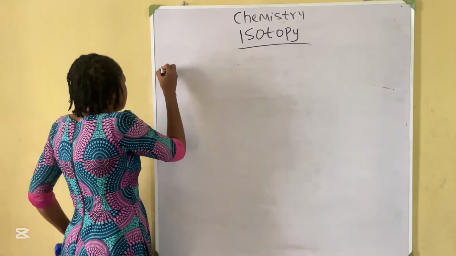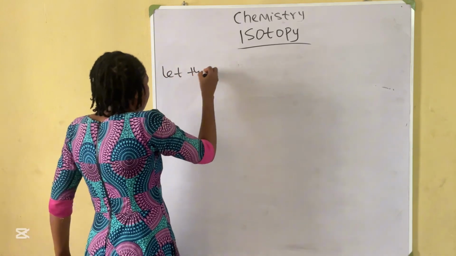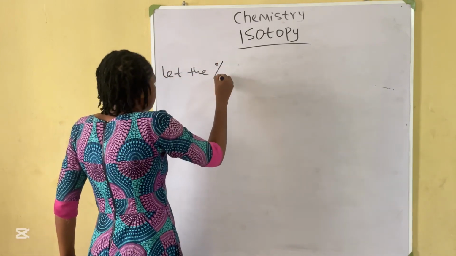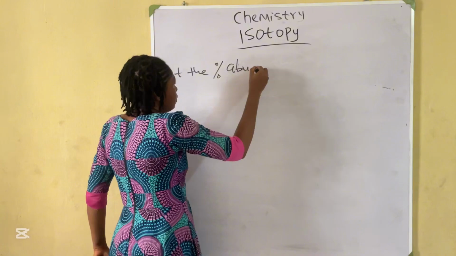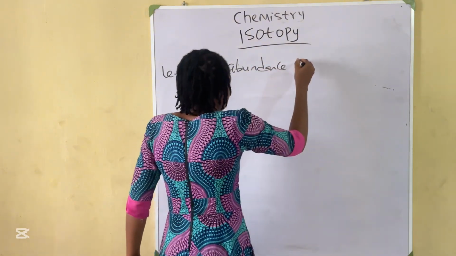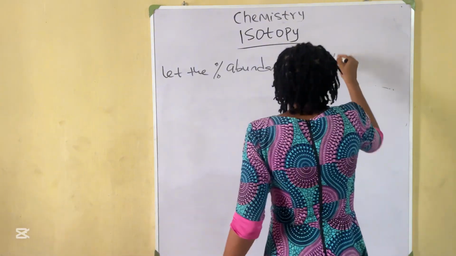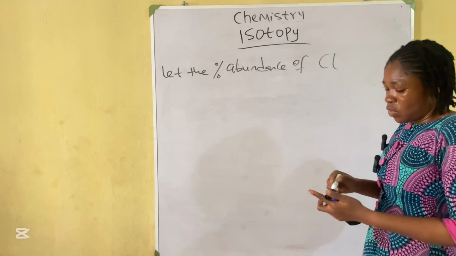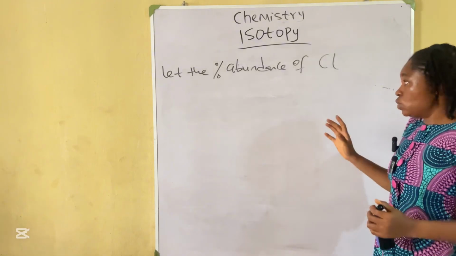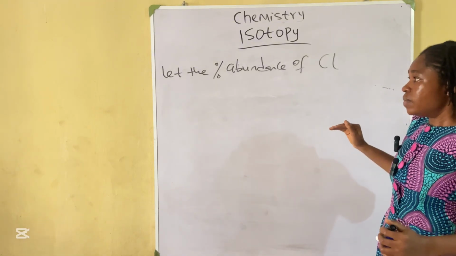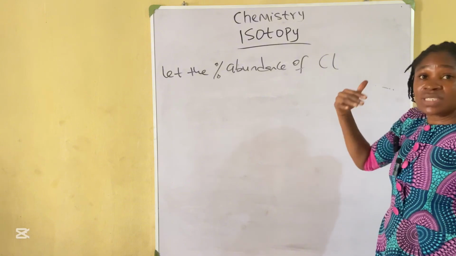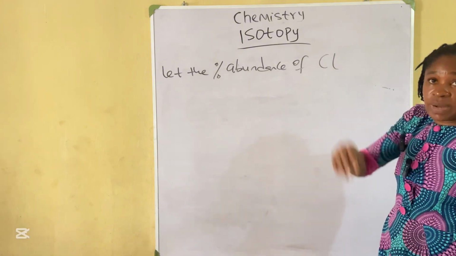So let the percentage abundance of chlorine having the mass number... When it comes to a question like this, I like to start with the isotope with the bigger mass number.